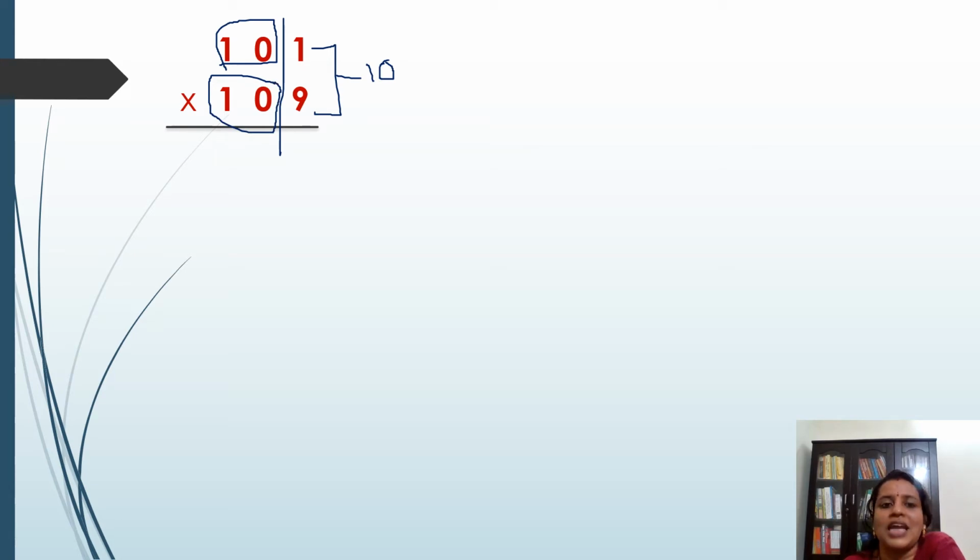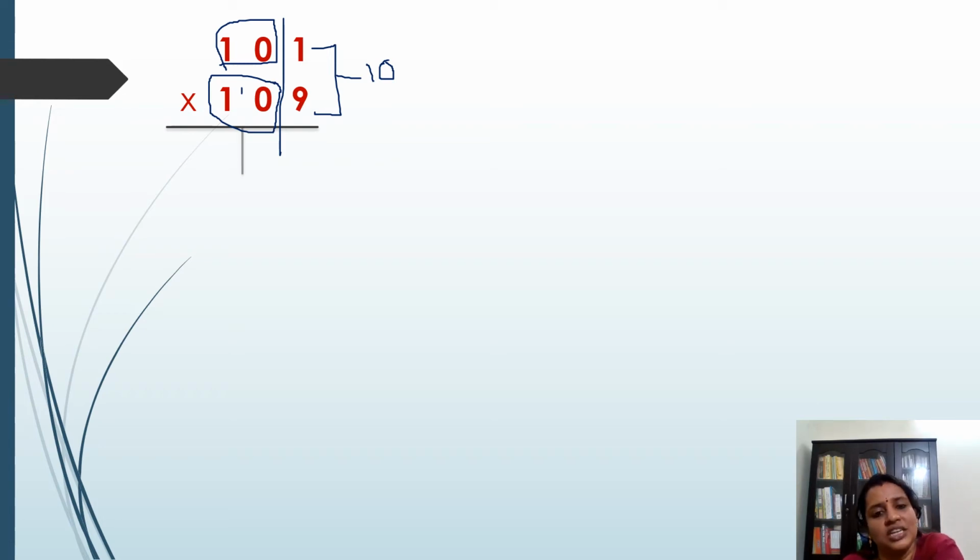Yes, we are going to consider this not as a two-digit number but as a single number 10. So if we consider it as 10, see here also the common number is 10, here also the number is 10. So both the numbers are common. Can we apply the sutras now?